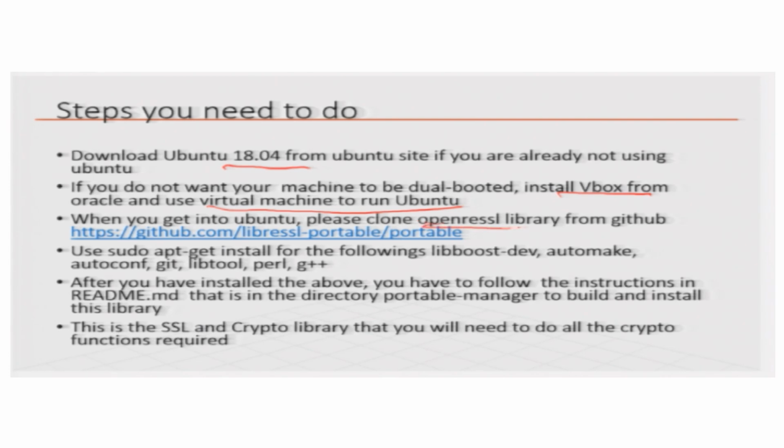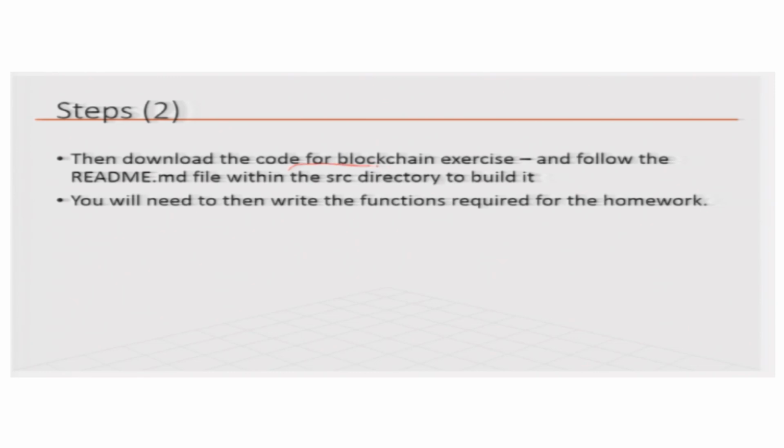Then clone the OpenSSL library from GitHub, and install the various libraries, boost library, automake, autoconfigure, etc. Once you have installed all this, there is a readme.md file which you have to view to see how to build and install the library where you get all the crypto functions that are required. Then you download the code for the blockchain exercise from the platform that we will be putting in there, and follow the readme file within the source directory to build it.